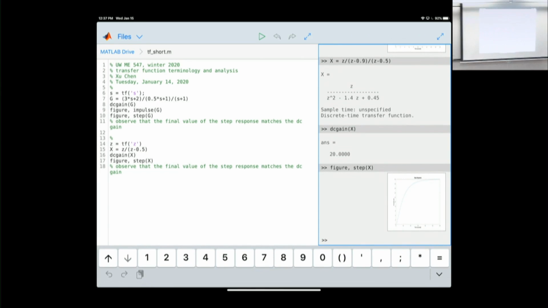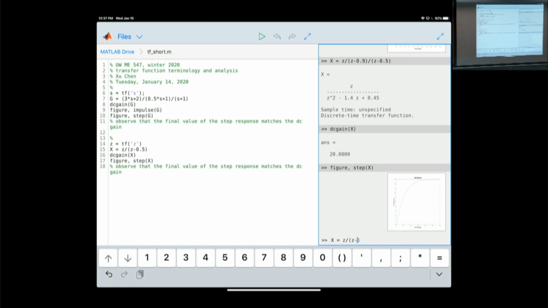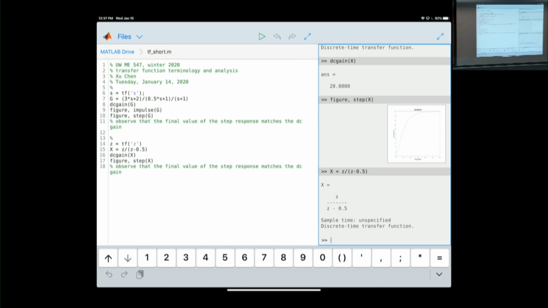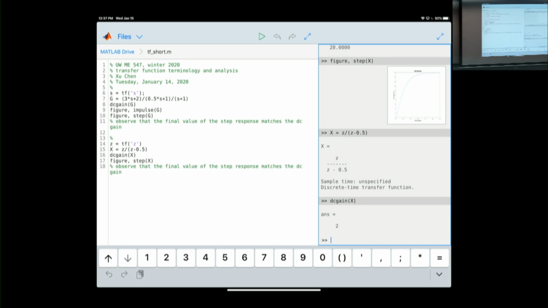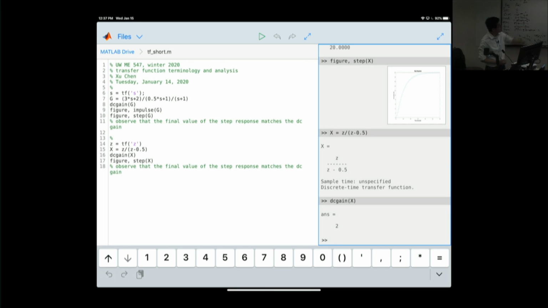So 20 is a little bit difficult to see immediately. Let's do z minus 0.5. This should be easy enough. So the DC gain for this one is what? 1 over 0.5, which is 2. So this is exactly 2. What we derived over here, these are all valid.